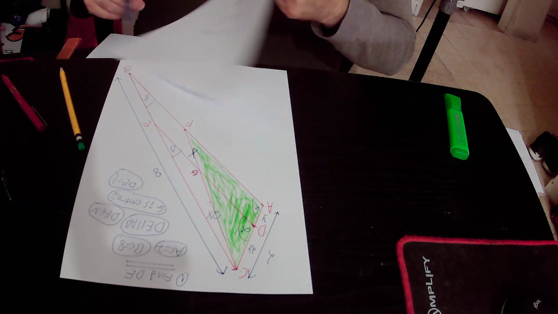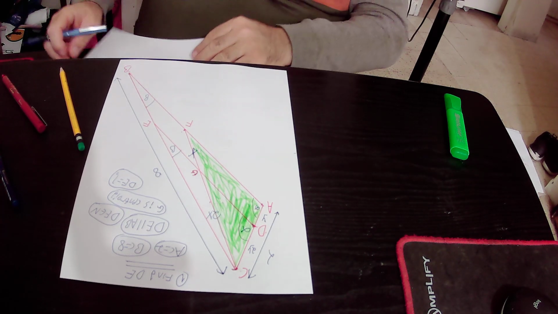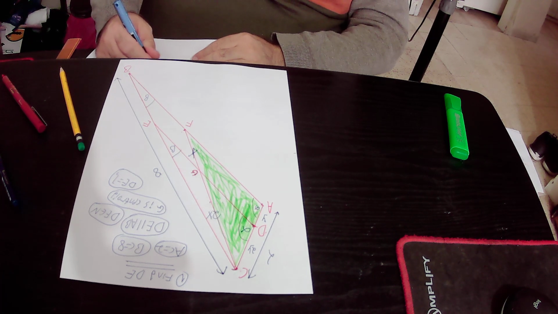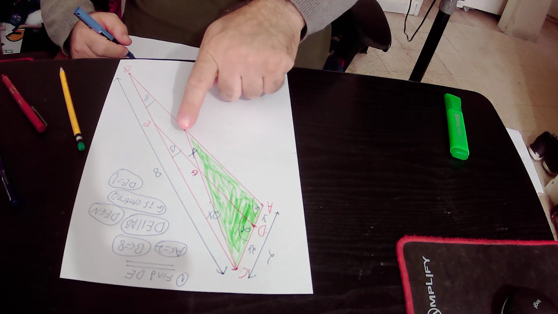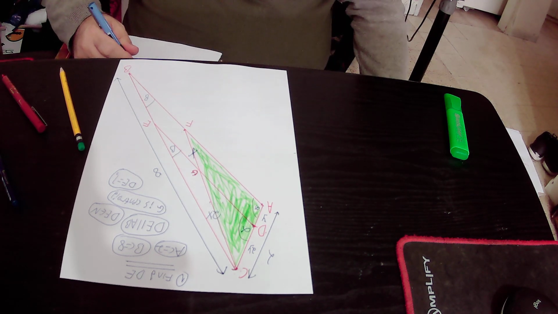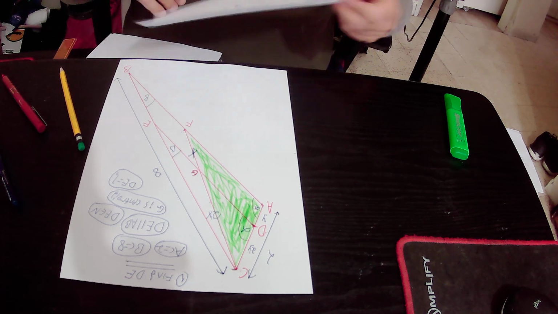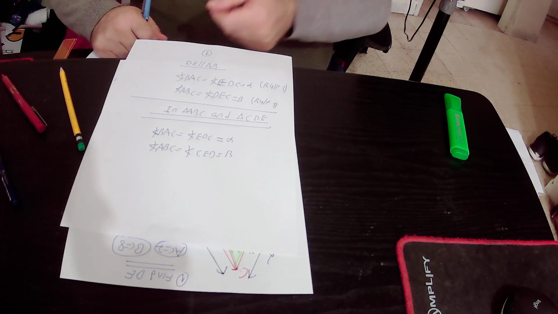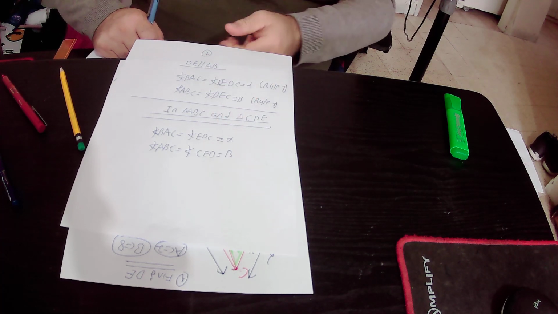We also know that this angle, angle ABC of triangle ABC, is equal to angle CED of triangle CDE, and they are both equal to beta.